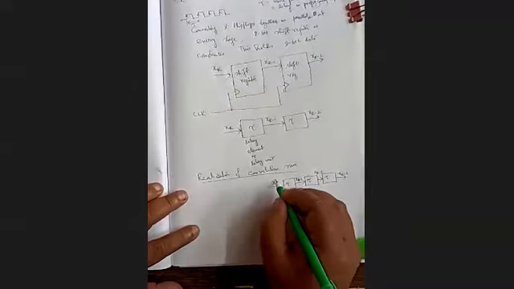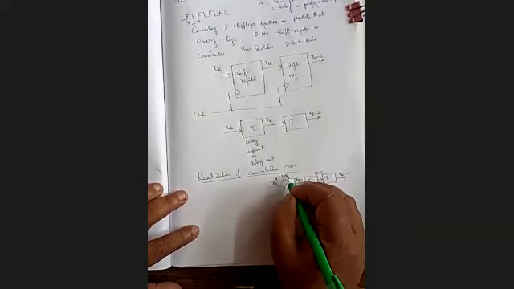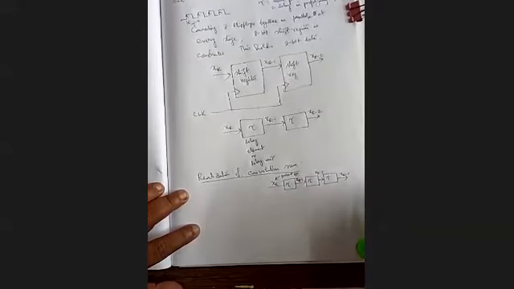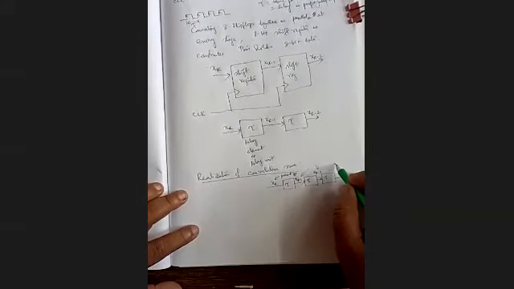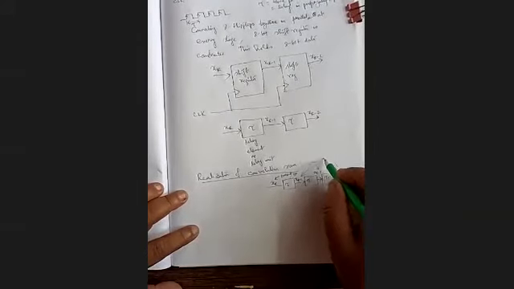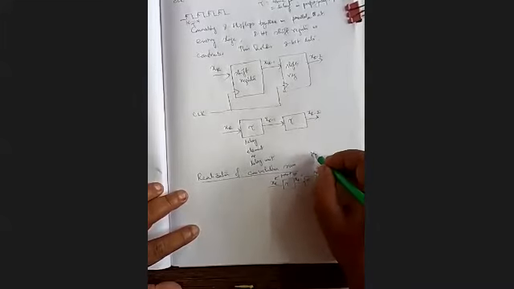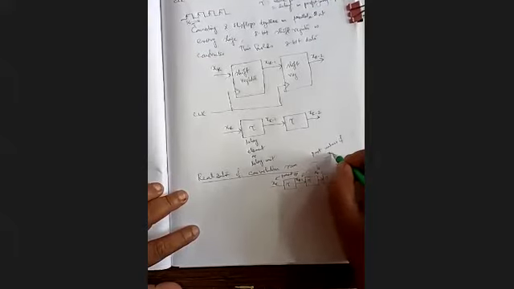And this XK is the present value, present input. And all these inputs are the past values of XK.